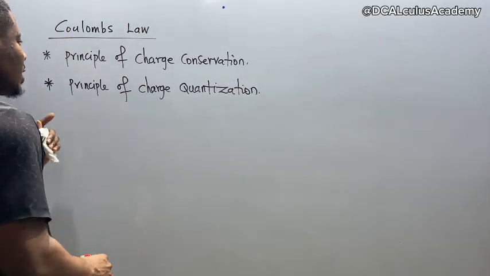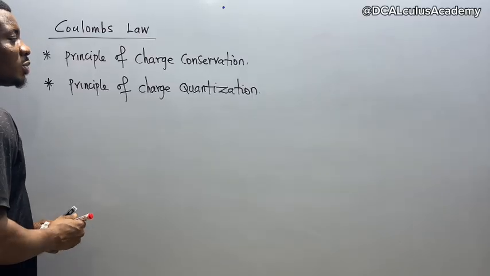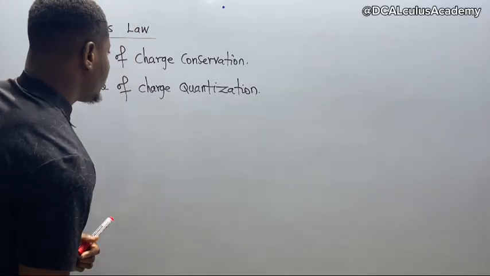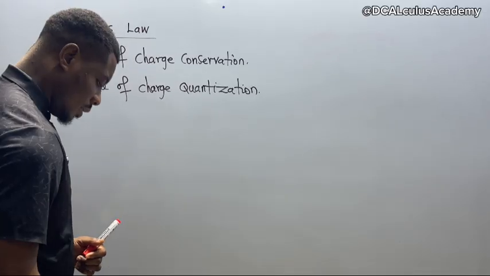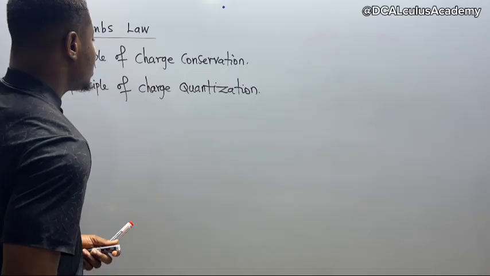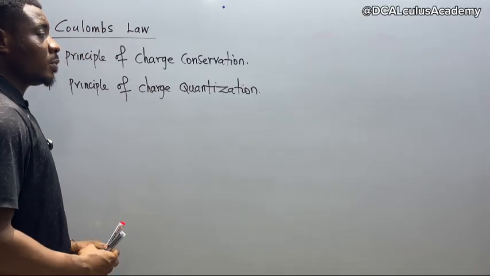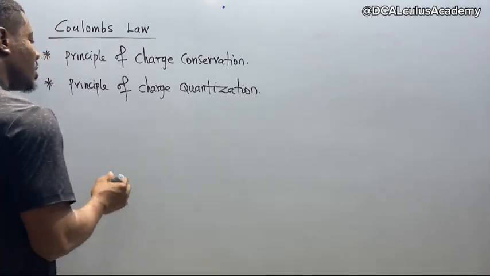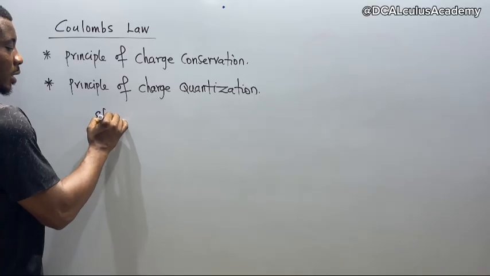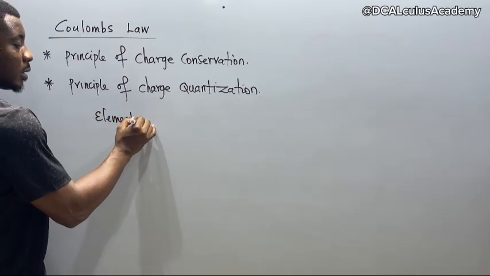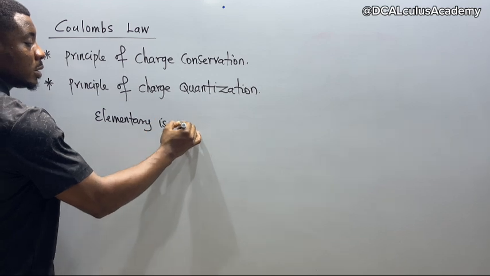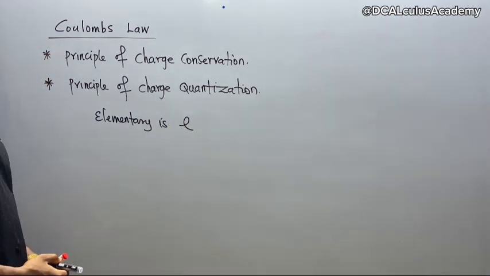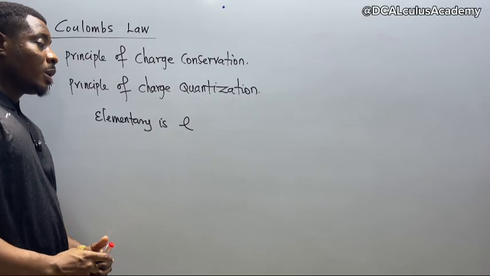Then we have another one called the principle of charge quantization. Quantization states that charges exist as whole number multiples of the elementary charge. Remember that the elementary charge is E, the charge of an electron.